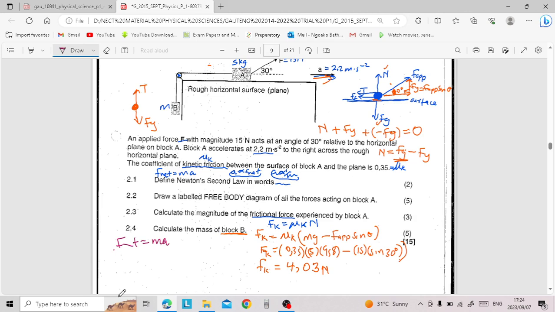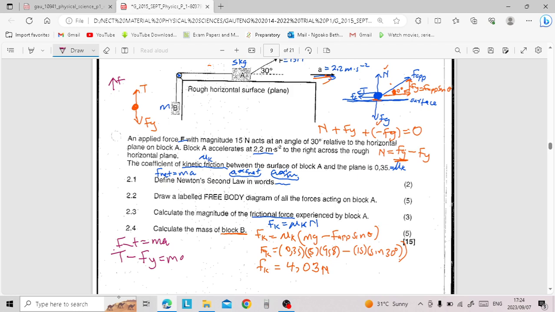Taking up as positive, we write tension minus Fy, equals MA. Oh, this is F gravity, not Fy. This F gravity has the mass, but we get the tension, then we can win this question.